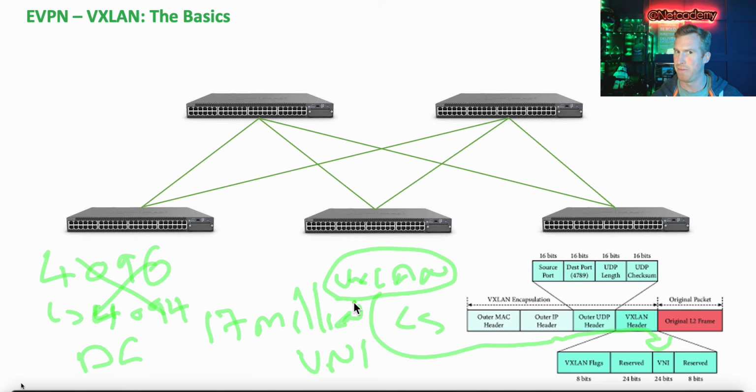That is very powerful, especially for the data center, because each tunnel can have up to 17 million different options of an identifier to pick from, to be configured to use, to tunnel that traffic over.